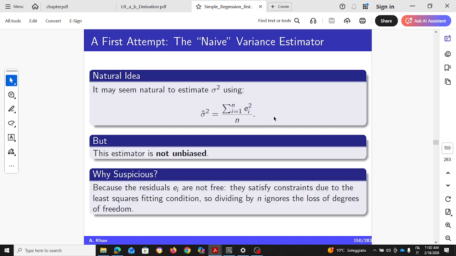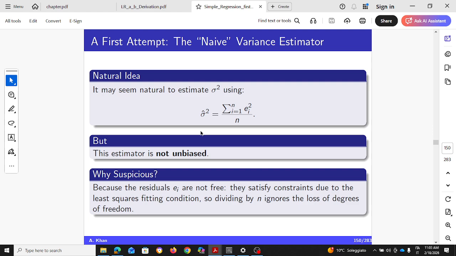Now the natural thing one can do is to take the summation of the residuals, square them and divide by the total number to get sigma, the estimate of the variance. But this way it is biased, it's not unbiased.